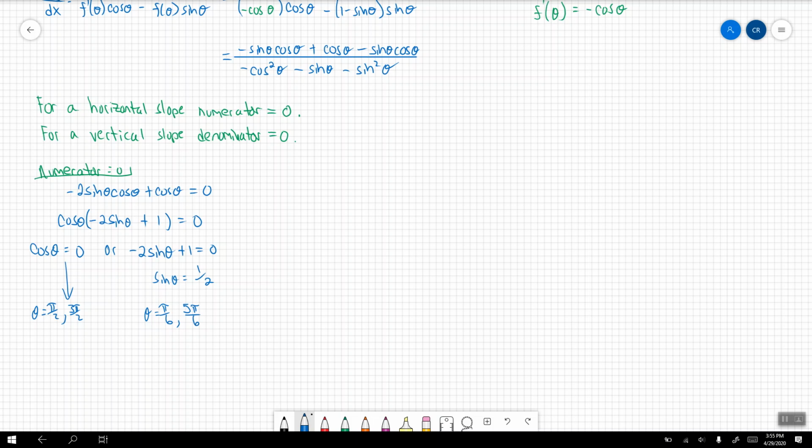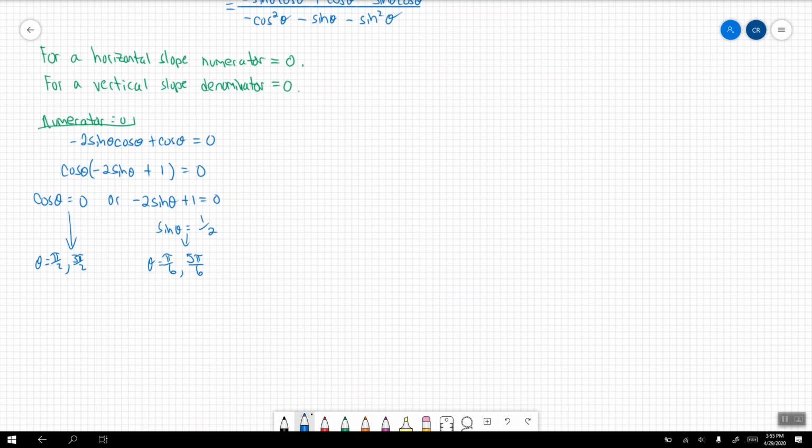So when is the numerator equal to 0? Well, the numerator is equal to 0 on these specific theta values. So let's write this up really quick.